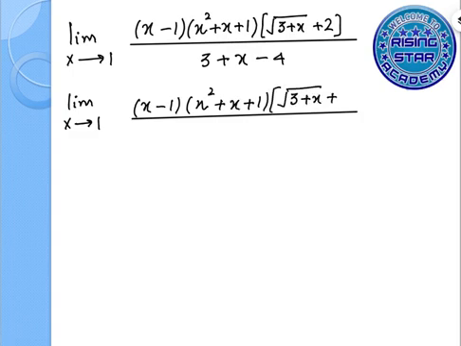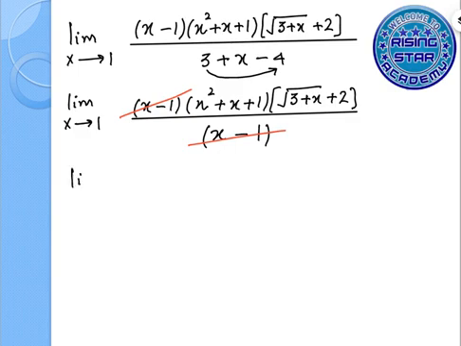In the denominator, 3 minus 4 would become negative 1. So I will write only x - 1 in the denominator. So in the next step, x - 1 is going to cancel out with x - 1.